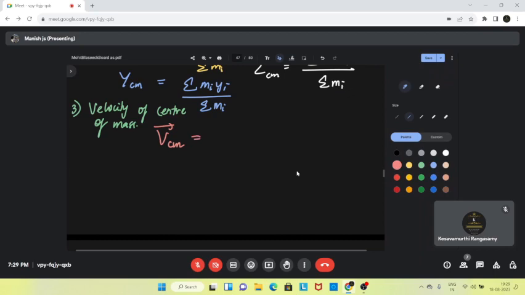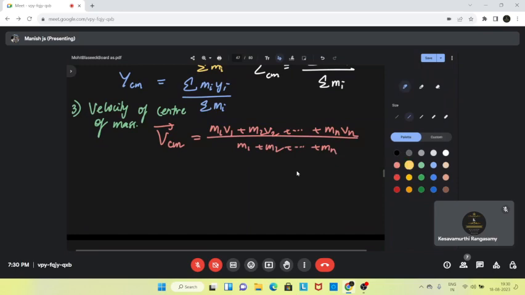Unlike the previous case, where it was mass times the distance, here we are writing mass times its velocity. So we can represent the velocity of the center of mass as m1 v1 plus m2 v2, and so on until mn vn, divided by the sum of all the masses, which is m1 plus m2, so on up to mn.